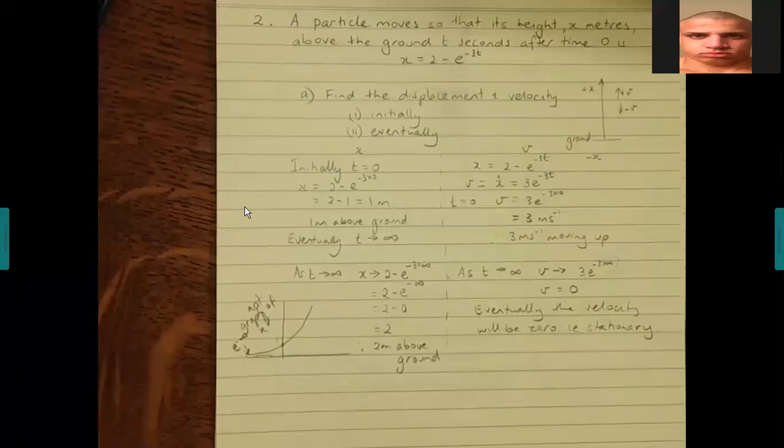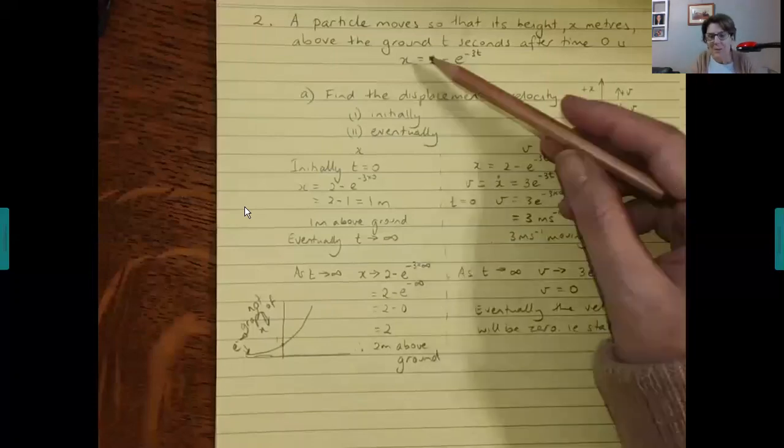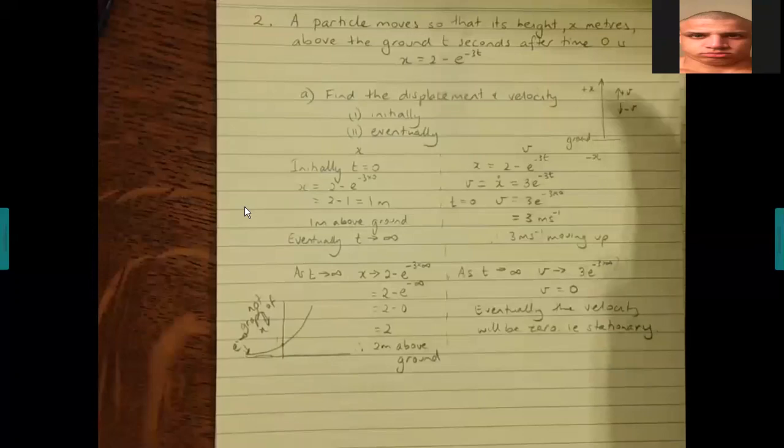Yeah, I have a quick question. So it's just going to float 2 meters above ground? Float. Oh, right. Yeah. We're talking about a particle rather than a ball. We're talking about something that is defying gravity. Is that what you're thinking of, Jake? Yeah.